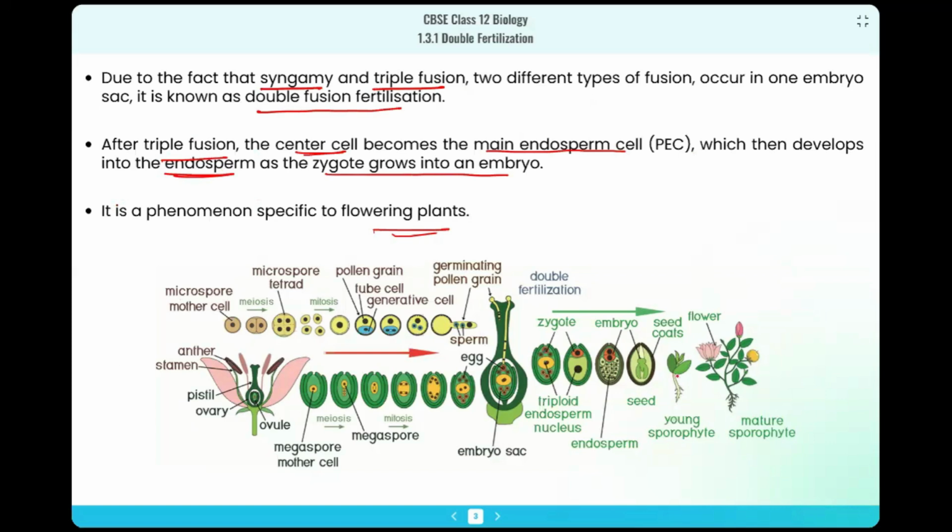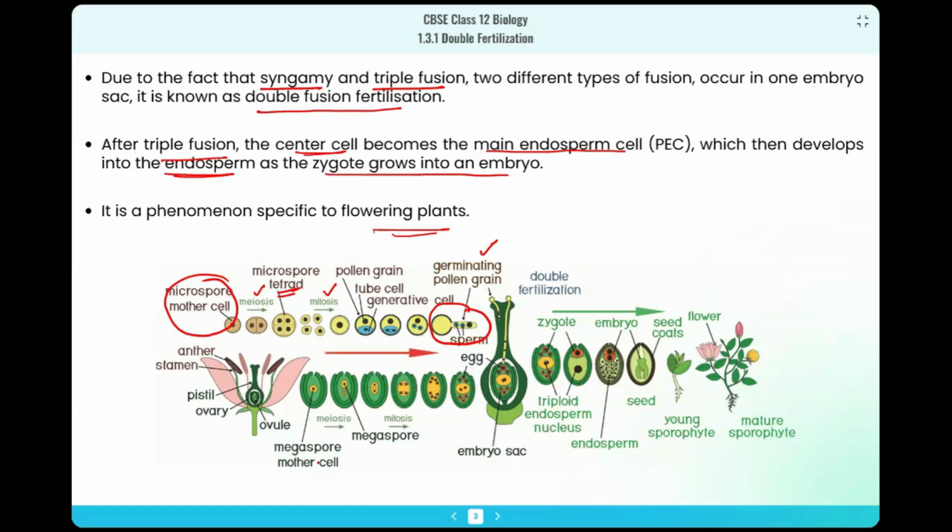So, in this diagram, you could see the development of the microspore, that is the male gametophyte, the germinating pollen grain, from the microspore mother cell by the process of meiosis as well as mitosis, where they form tetrads as well as immature and mature pollen grains.